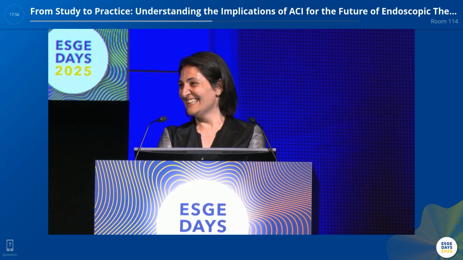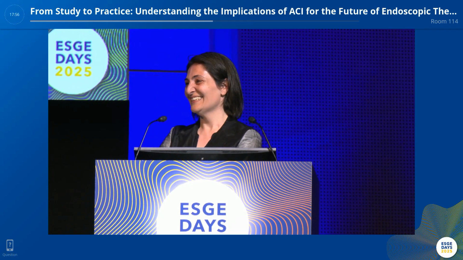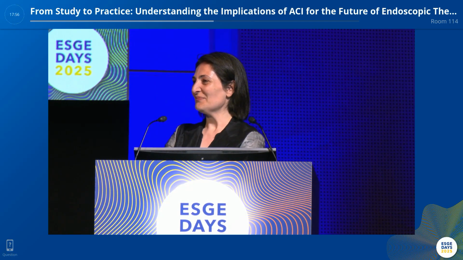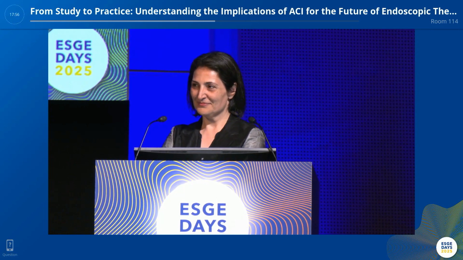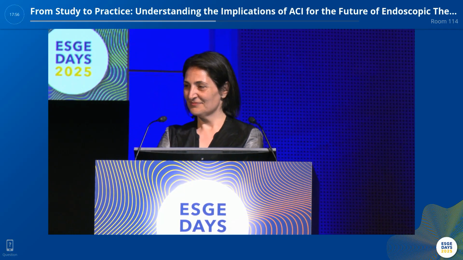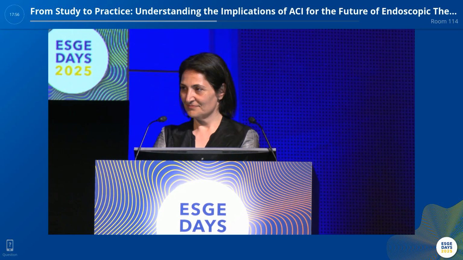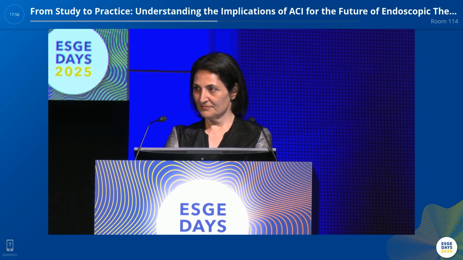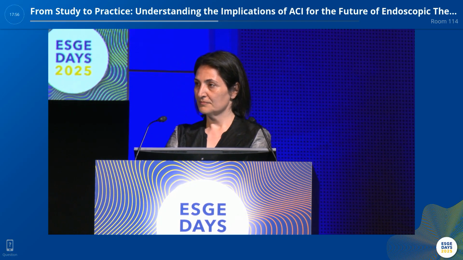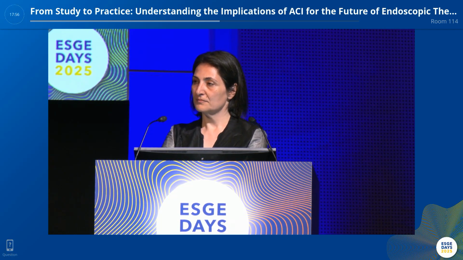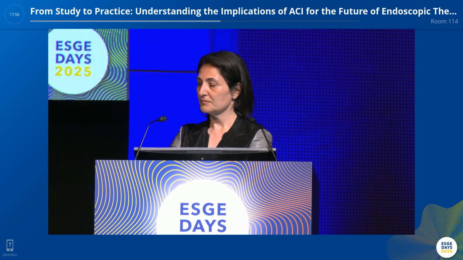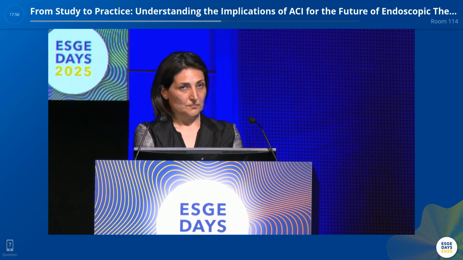I like numbers, okay. So numbers convince me. So my question is very simple. Is white light dead? Should we do all the procedure with ACI? Are we really making a big step ahead? Or is ACI something that you only partially use during the procedure according to the momentaneous feeling?